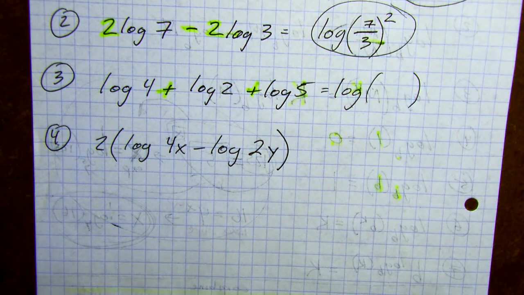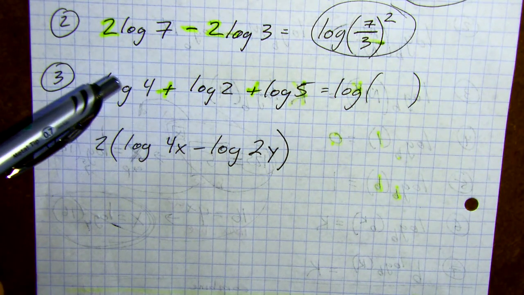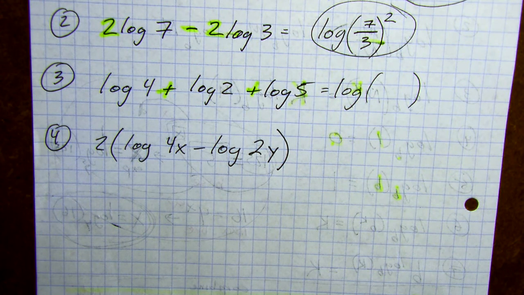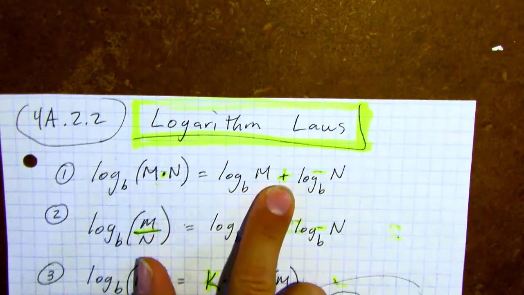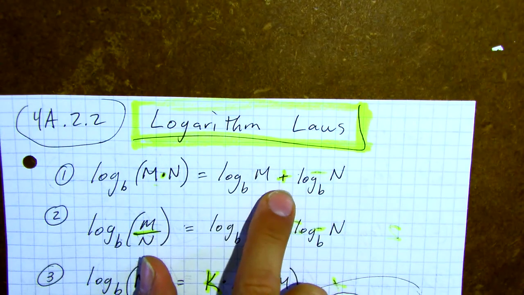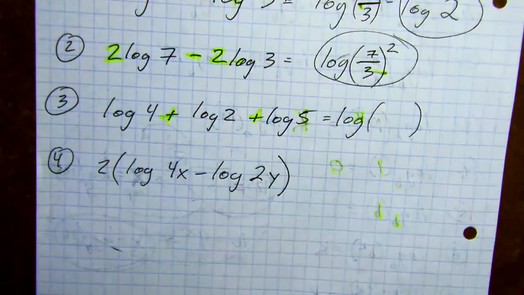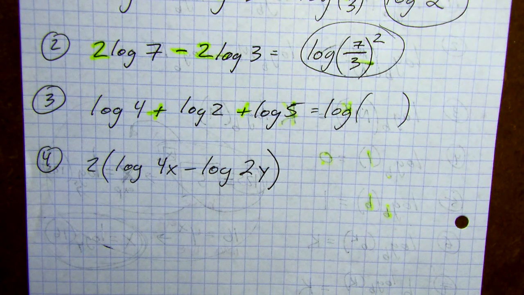Like, why do we have these additions here? How can we simplify that with our rules? Bring your attention to the first rule. The first rule. And then once you get those, you can multiply them all again.